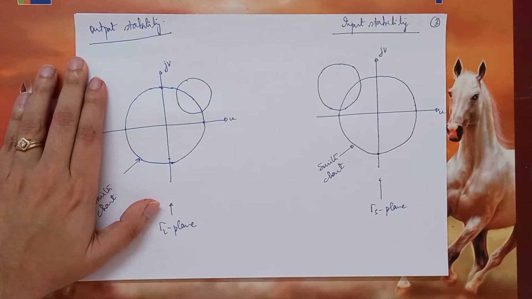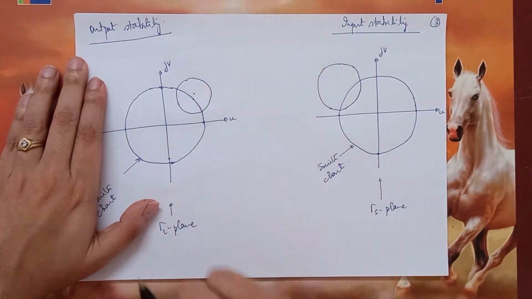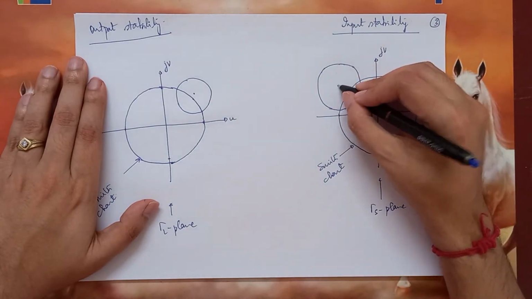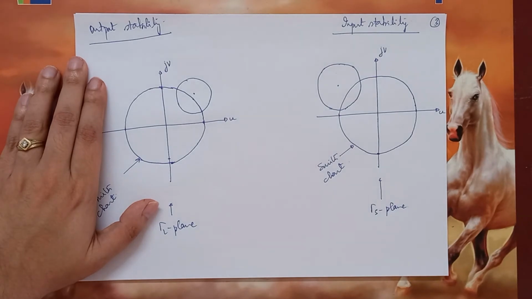Now, this distance is CL and this is RL. This distance is CS and this is RS. We've already discussed that.